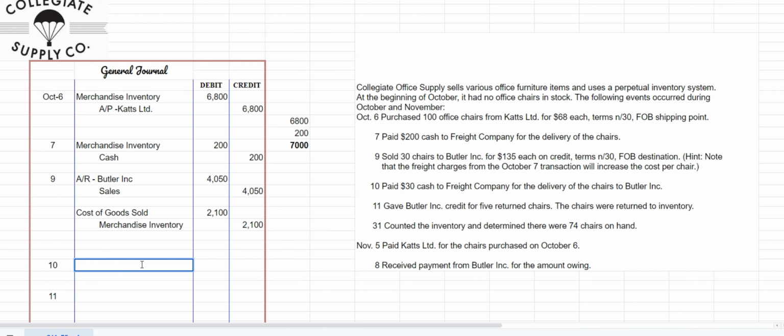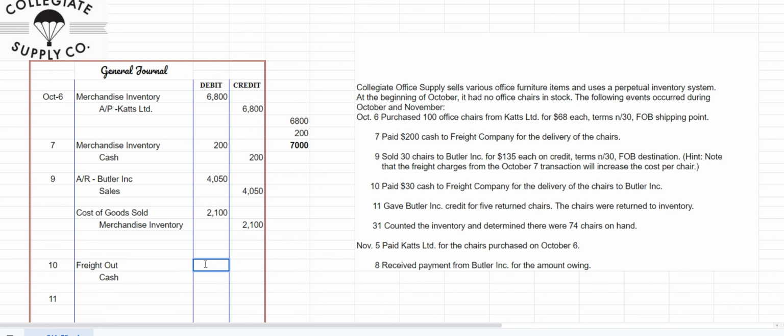Whenever we're the seller and we have to pay for freight, it goes into sort of an expense account called freight out. And the credit account is going to be cash. And how much did we pay? It's $30.